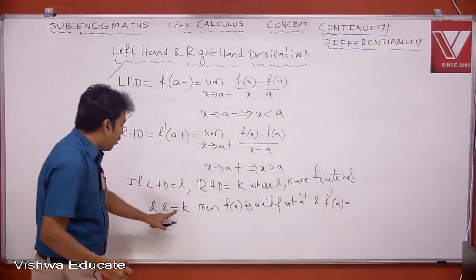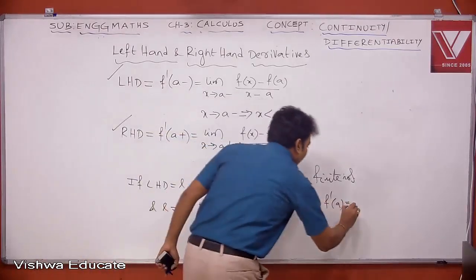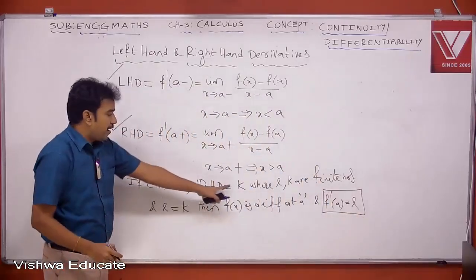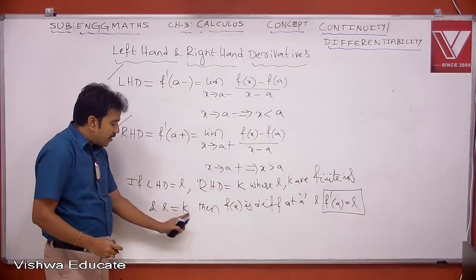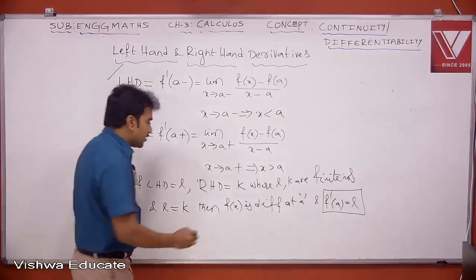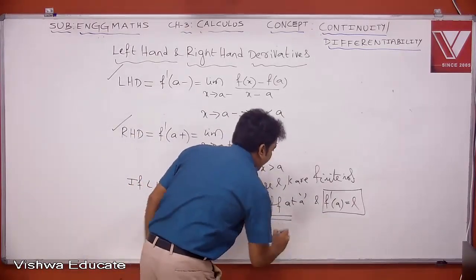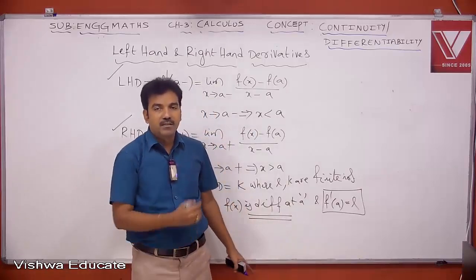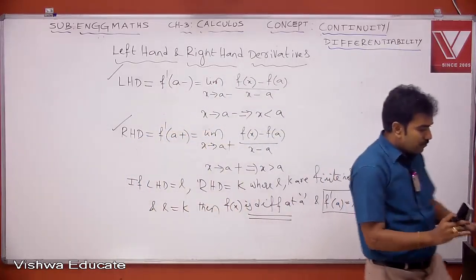I can write either L or K because both are same. So whenever LHD equal to a finite number L, RHD equal to a finite number K, and L and K values are both same, then f of x is differentiable at the point a, and the derivative of f at a equals L. Okay, so note these points.